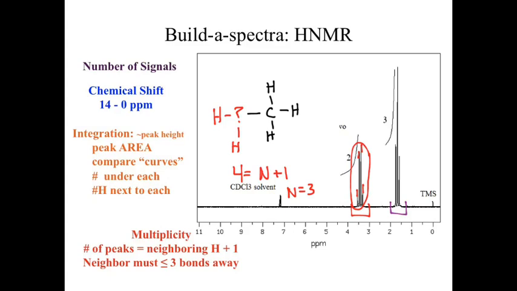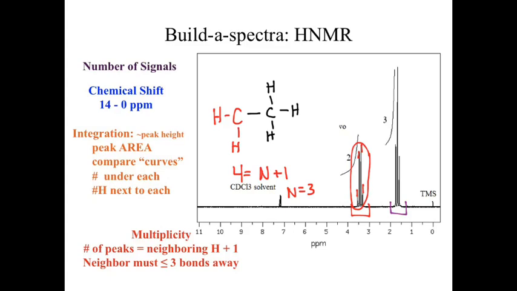This multiplicity actually gave us some more information. If you remember back just a few slides ago, we said that nitrogens and oxygens will hide hydrogens. That means that our question mark must be a carbon. Otherwise, it can't connect, or we wouldn't see this splitting pattern.